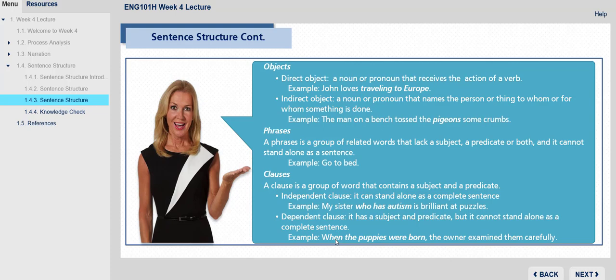And so know that you have two different kinds of clauses, an independent clause and a dependent clause. An independent clause means that it's a complete sentence, a thought that can stand on its own. So if I say that the owner examined them carefully, this is an independent clause. So yes, that can stand by itself.